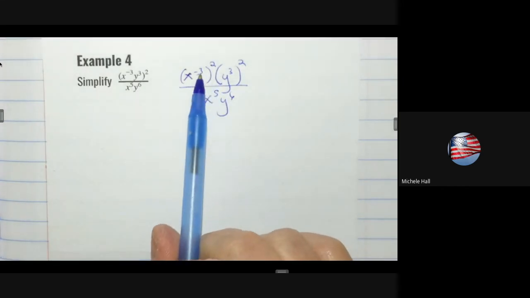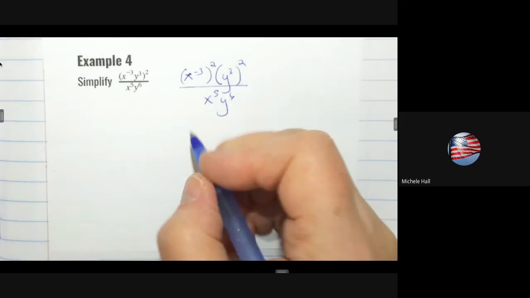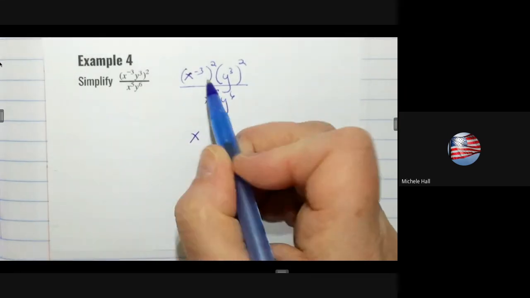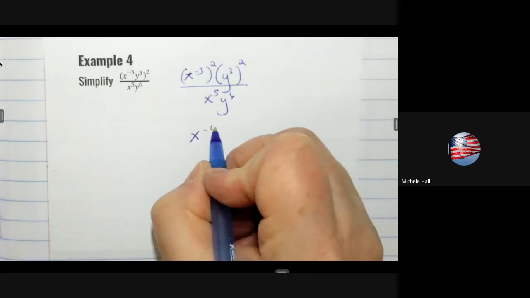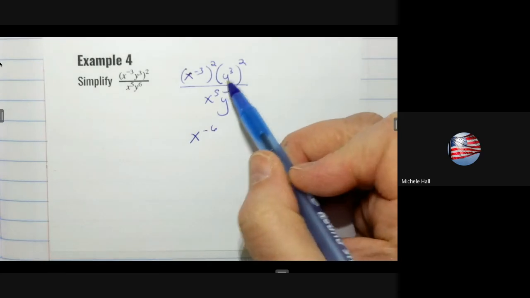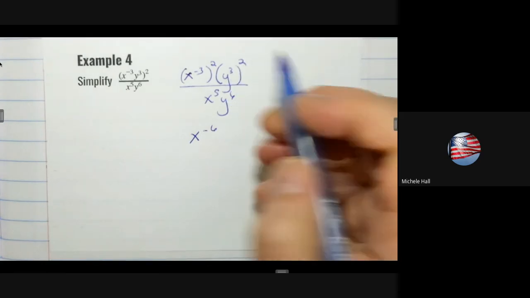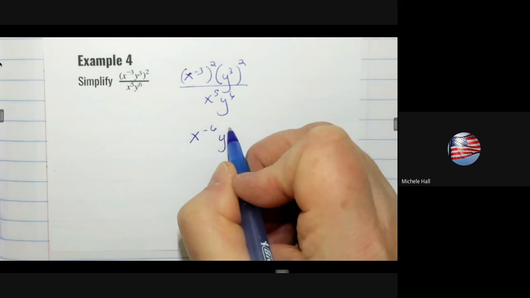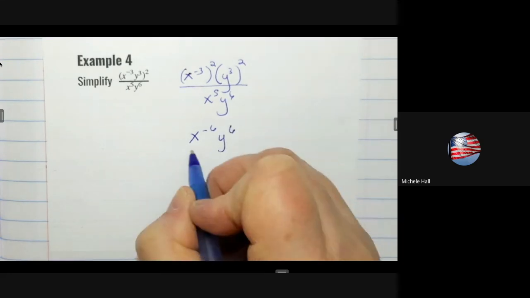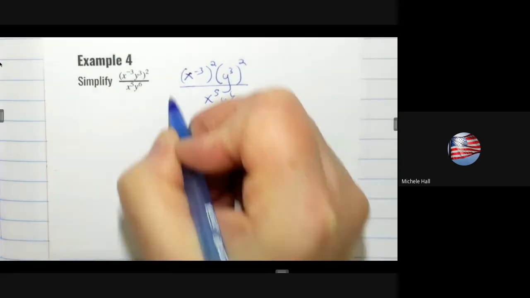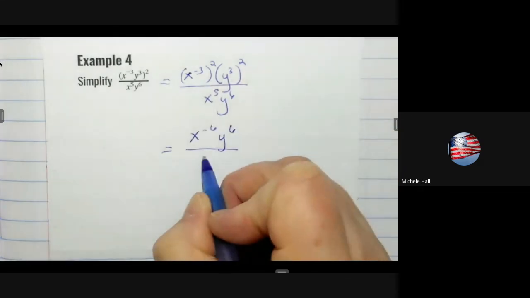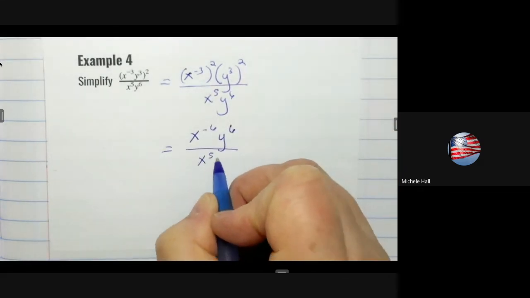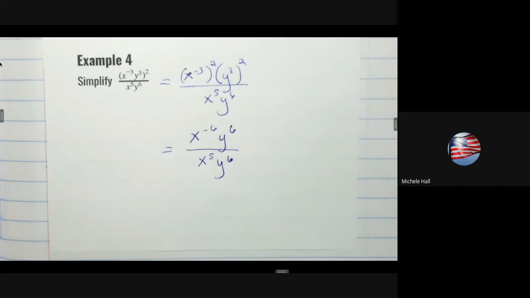When we have a power being raised to a power, we multiply those exponents. So we get x to the negative 3 times 2, and then we have y to the 3rd raised to the 2nd. So that would be y to the 3 times 2, which is 6. And we still have x to the 5th and y to the 6th.